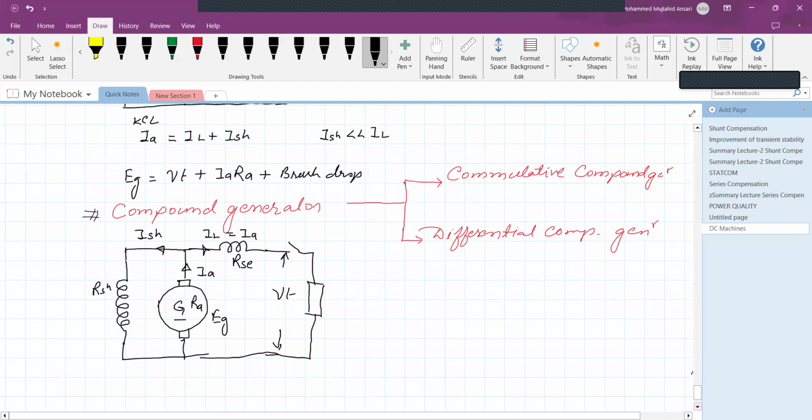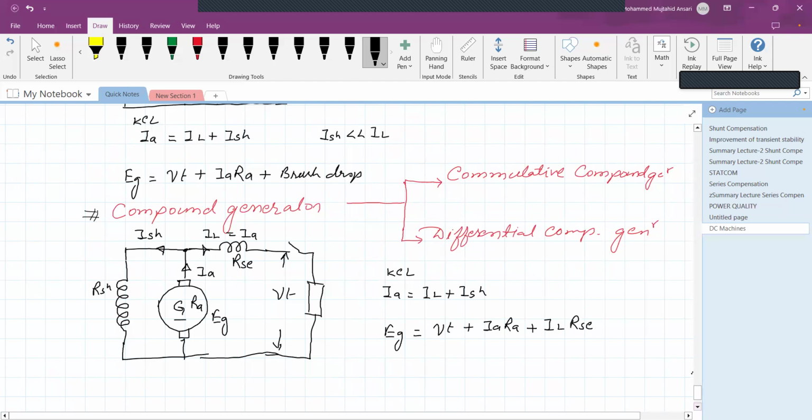So simply, again, your armature current IA, if you apply KCL at this junction, IA is equal to IL plus ISH, because the diagram is the same. Similarly, the EMF generated EG is equal to VT plus IA RA plus IL RSE.